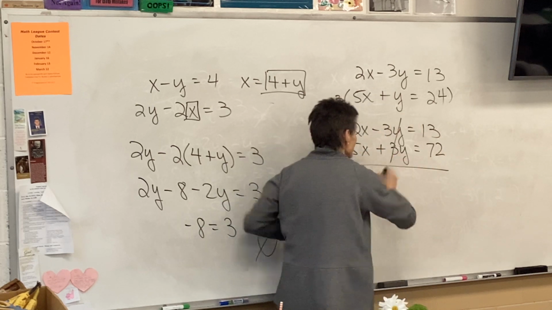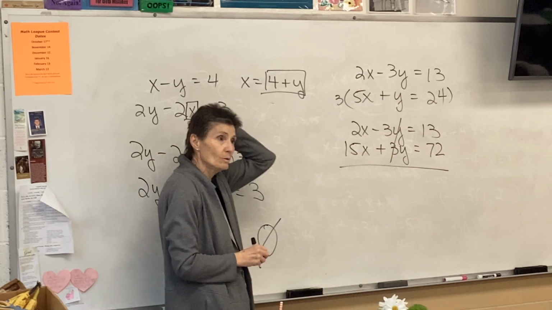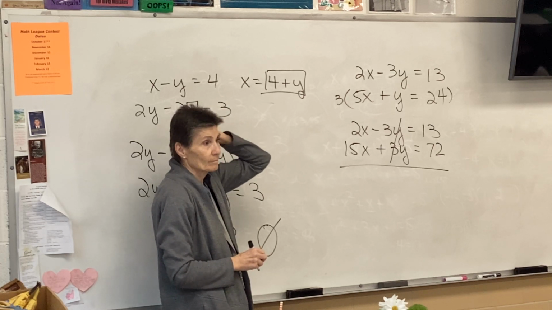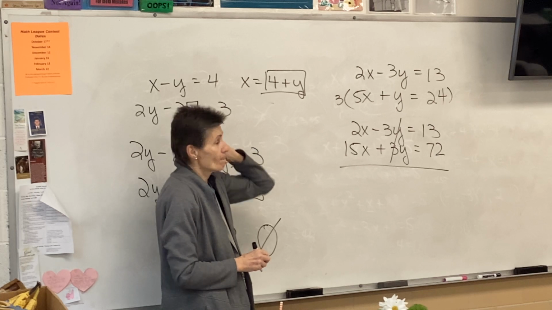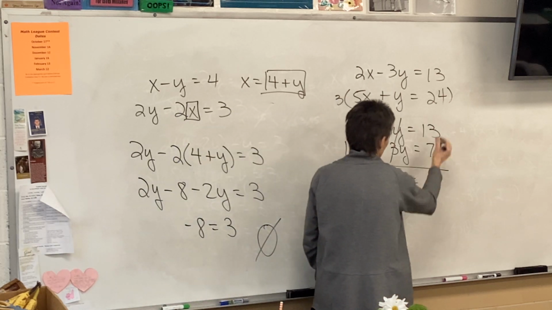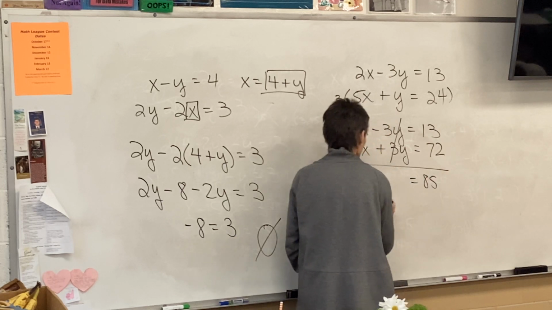And when I add, just like Daryl said, they're going to cancel. Right? So that leaves me with 17x equal to 85.